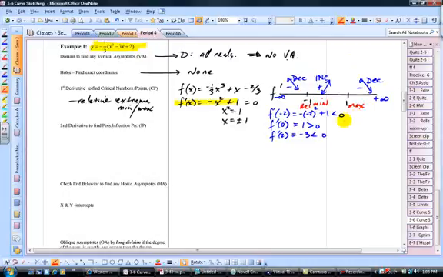So let's go ahead and just summarize that. So min at negative 1 comma something, max at 1 comma something. Now whatever you're trying to find the y values, you just substitute them back into the function.